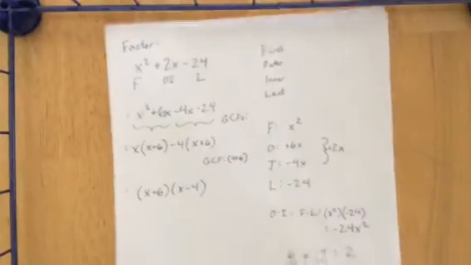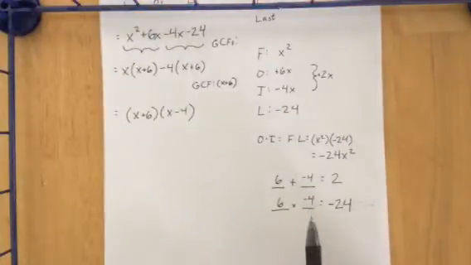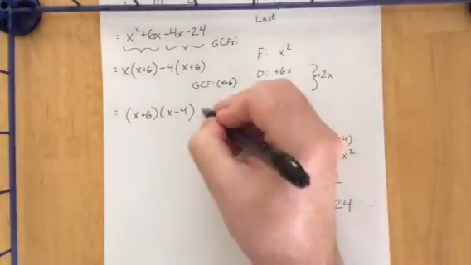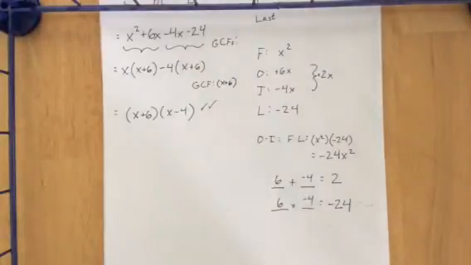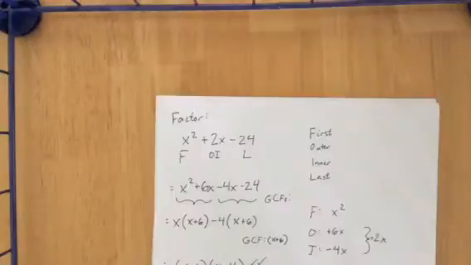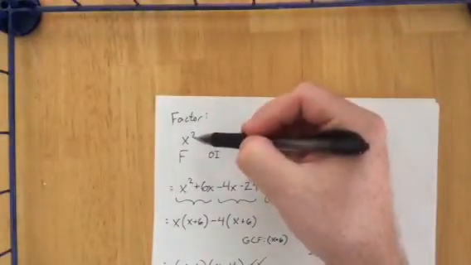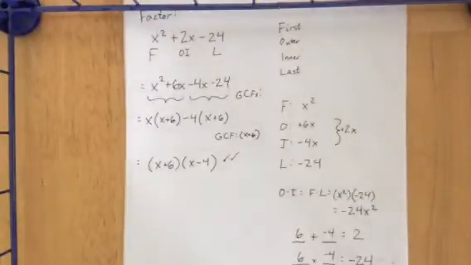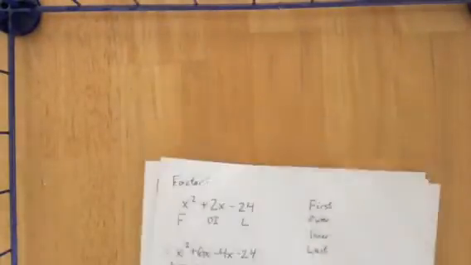Now, like I already said, a lot of you probably know the shortcut, which is simply x plus 6 and x minus 4, and we're done. Well, that's great. That's exactly what we got using this technique. However, the shortcut is going to fail to work anytime we have a coefficient in front of our x squared, which is going to help motivate my next problem.